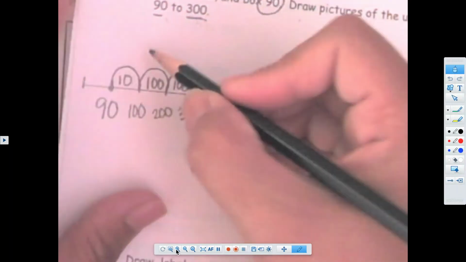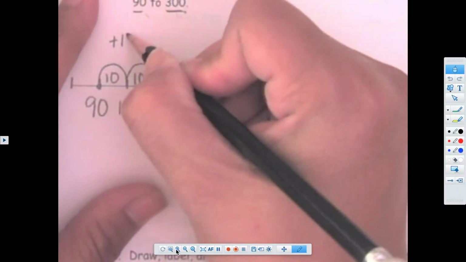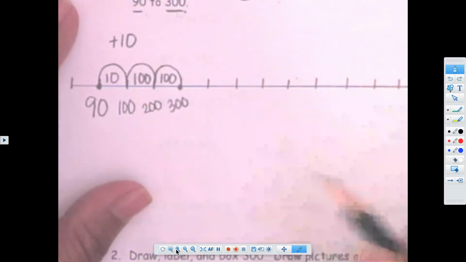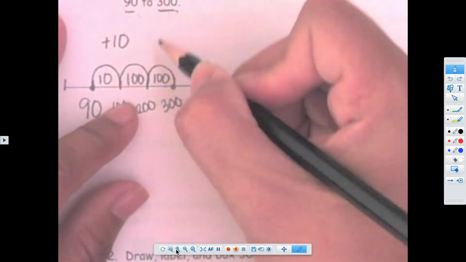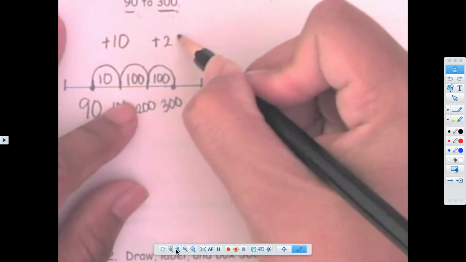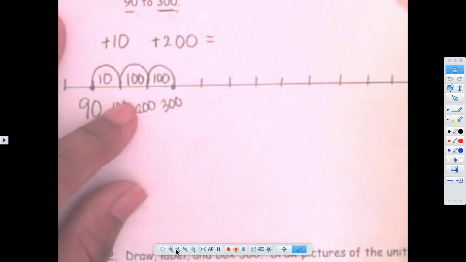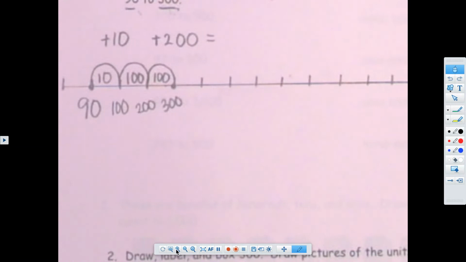And now let's count how many hops. Because that's where the work is here. You have to tell me how many hops. Okay, so here's 10. So I'm going to write plus 10. Plus 100 plus 100 is? 200. What does that equal? 200 plus 10.